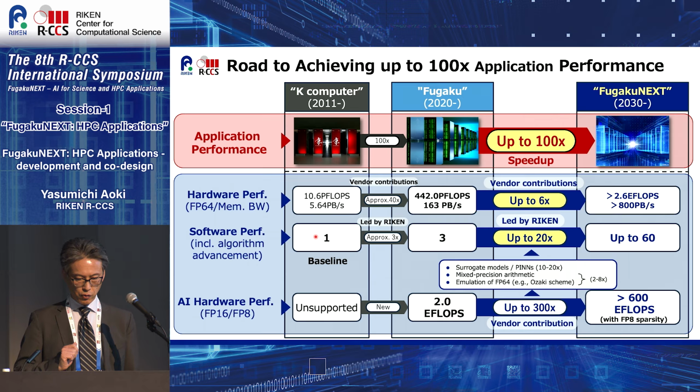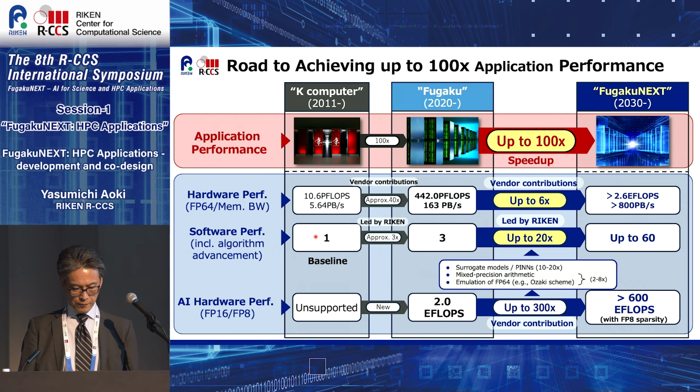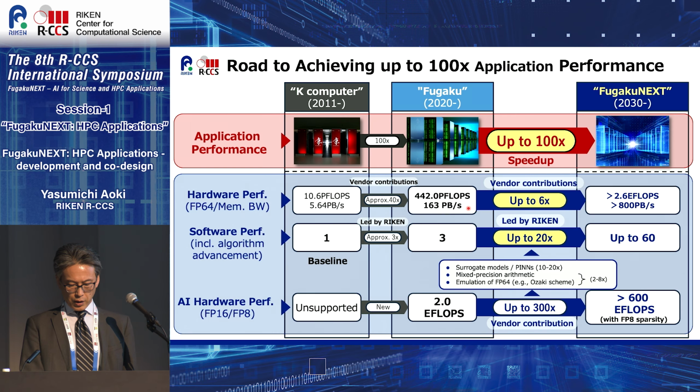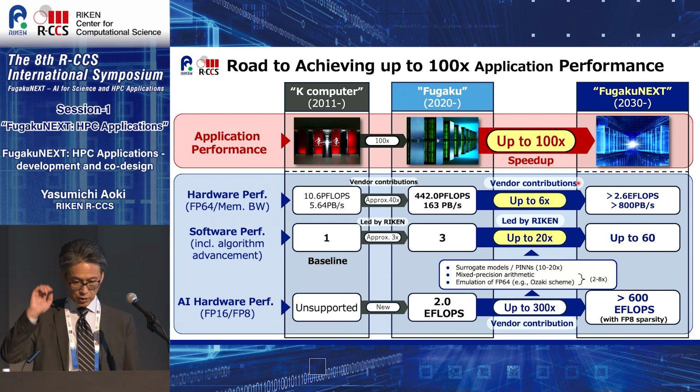This table compares the specification and application evaluation performance of our first machine, the K computer, the current Fugaku machine, and the FugakuNEXT machine. As I said, the FP64 performance is improved, but not like from the K computer to Fugaku, which was approximately 40 times; this time it is about 6 times.